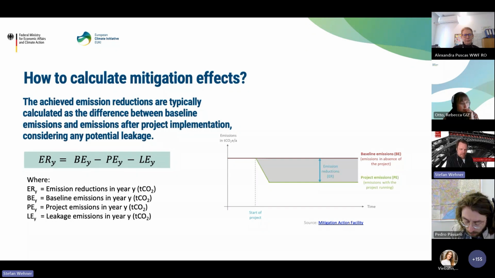And the general approach, the general calculation, is to calculate the emissions related to what we call a baseline situation or a business as usual scenario, where we would have a situation without the project.